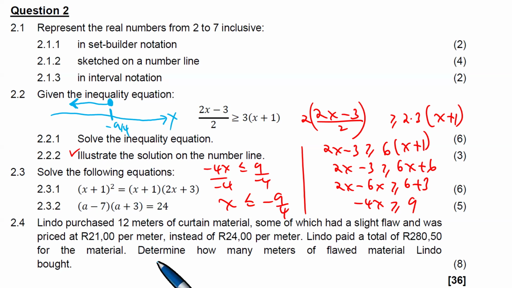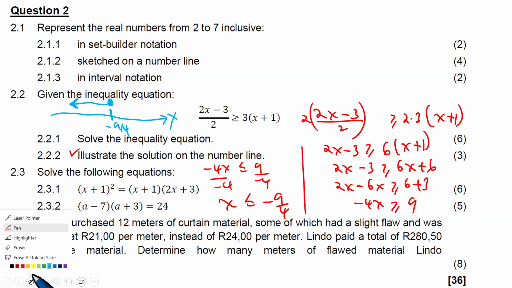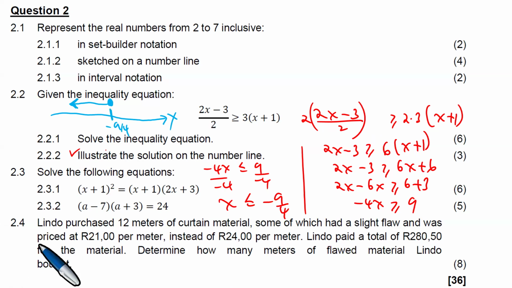If X was greater than 9 over 4, we're going to proceed to the right. If X was greater than that, then you're going to proceed to the right, like that.